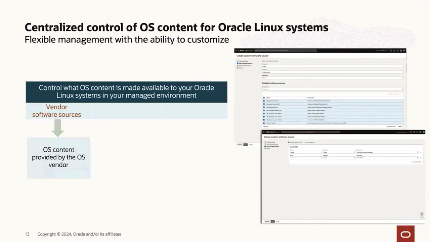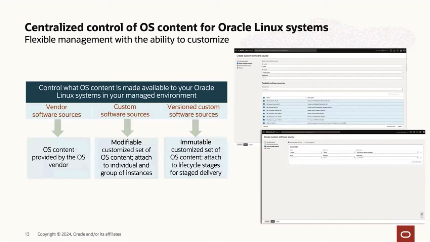There is a default set of Oracle Linux repos that are provided. A custom software source is a user-defined software repository with curated content derived from other software sources. A versioned custom software source is an immutable software repository, that is, it can't be changed once defined, with curated content derived from other software sources that have been assigned a version designator.